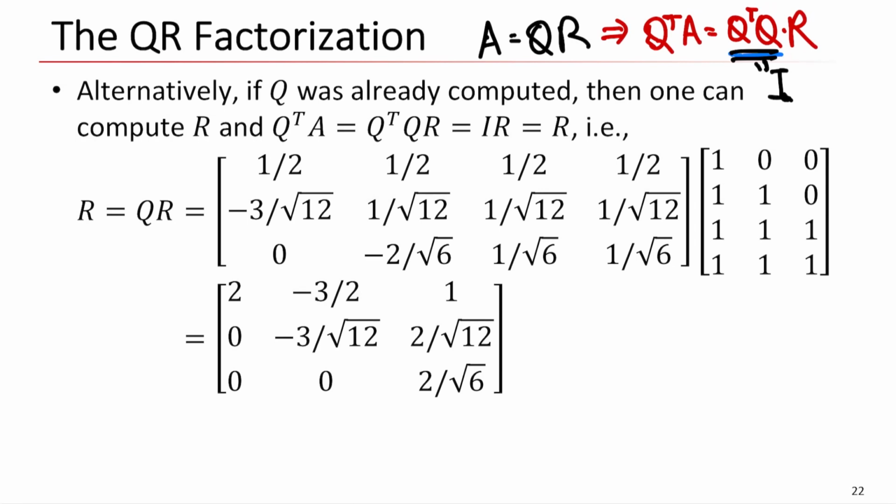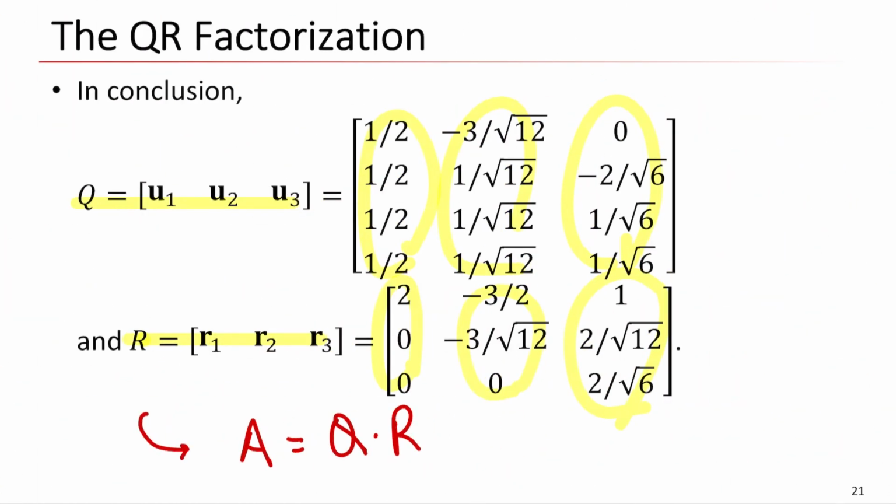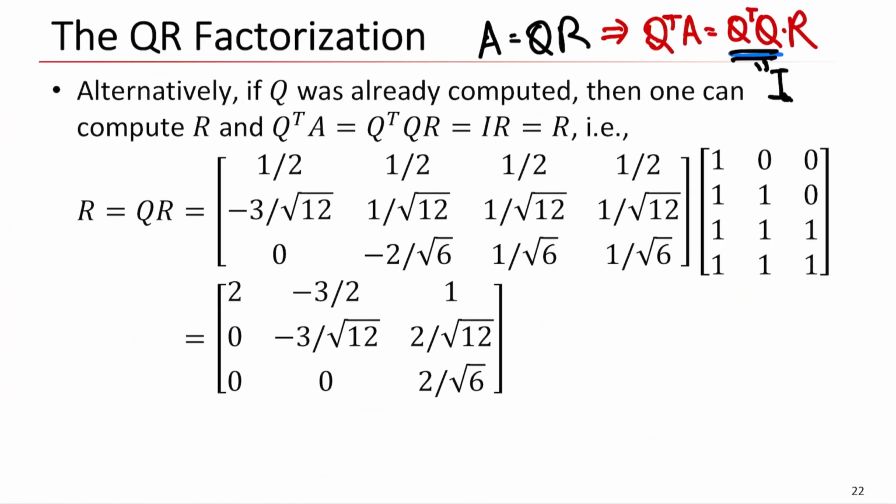If you don't understand this one, just derive the matrix Q as U1, U2, and U3 and just transpose U1, U2, and U3 and compute this one, which makes an identity matrix, right? So finally, it means that here's just R, so R can be computed by Q transpose A, right?